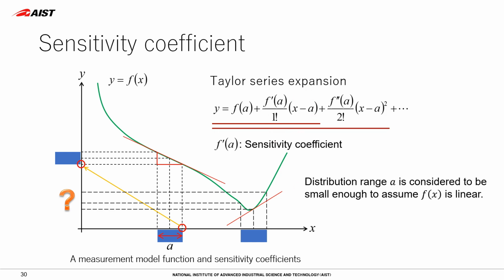Naturally, when the sensitivity coefficient is small, the effects of uncertainty associated with the estimation of x become small. You may be aware this is based on the function f around the target range of x being assumed to be linear, or the range of variation of x should be sufficiently small to assume that f is linear.